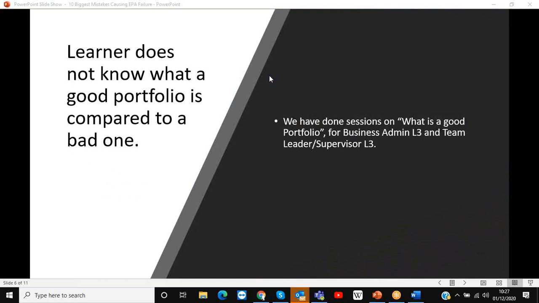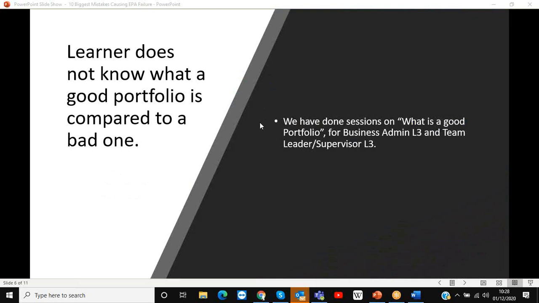We have done a session regarding what is a good portfolio previously. A lot of the time, because the learners don't necessarily have direct involvement, or they're more focused on the active work of their particular qualification, they don't necessarily know what a good portfolio should look like.